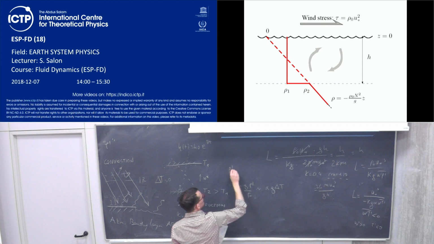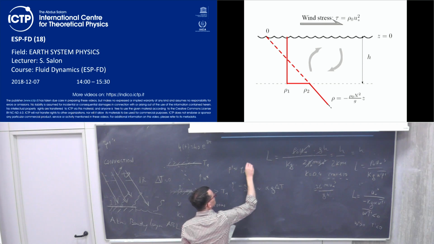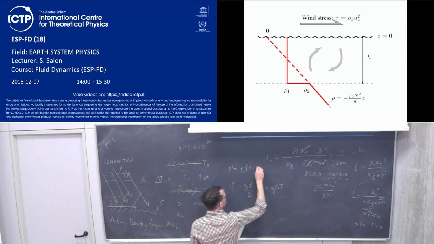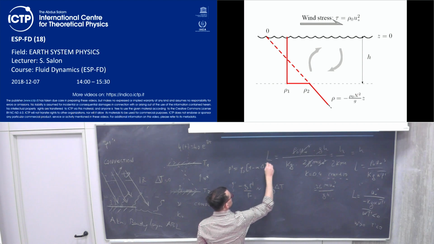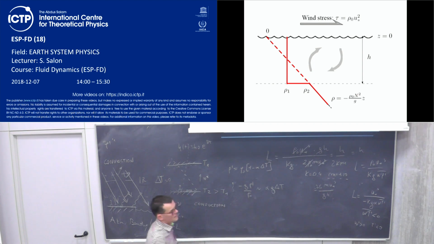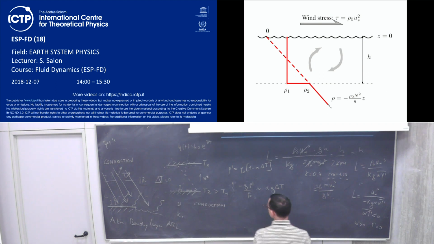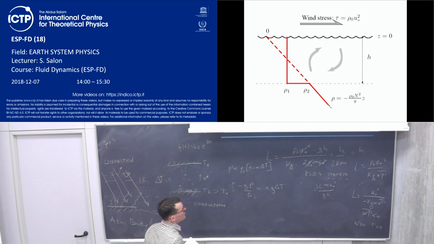Because again, rho prime is equal to rho 0 times 1 minus alpha delta T according to the equation of state, where alpha is the coefficient of thermal expansion.